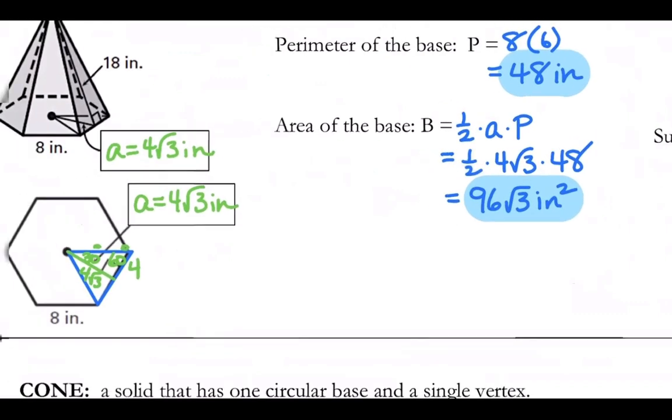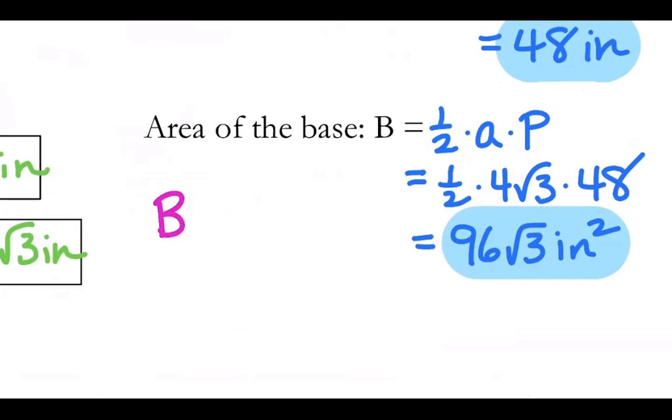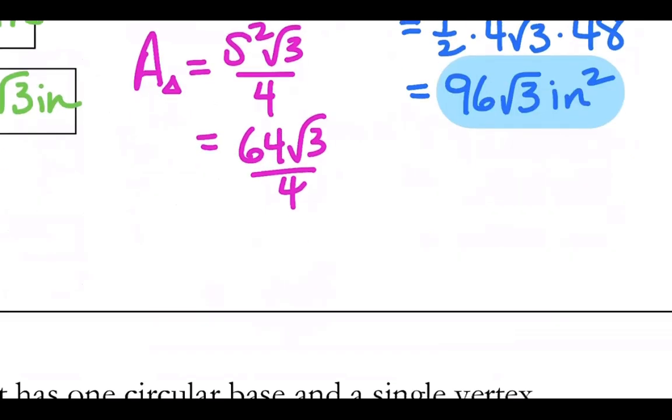Another option, remember that we could just do that the base area would be side squared, square root of 3/4. Here, I'll do it this way. The area of the regular triangle would be 64√3/4, or 16√3.